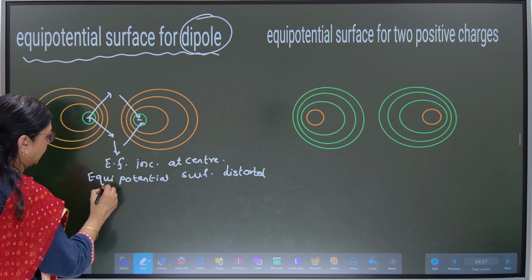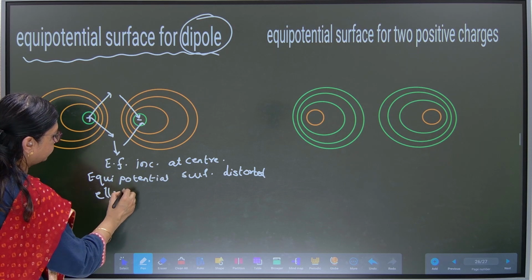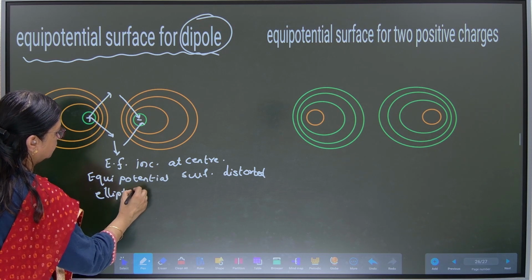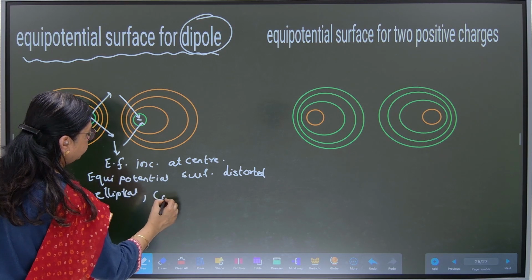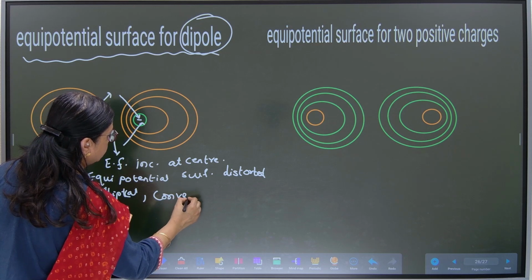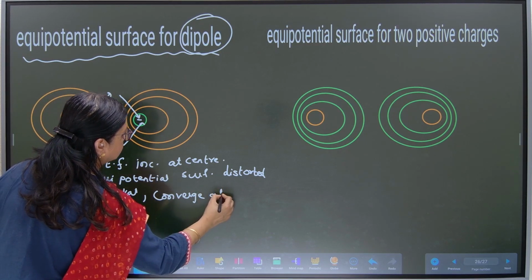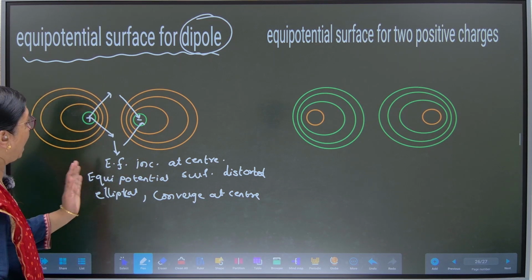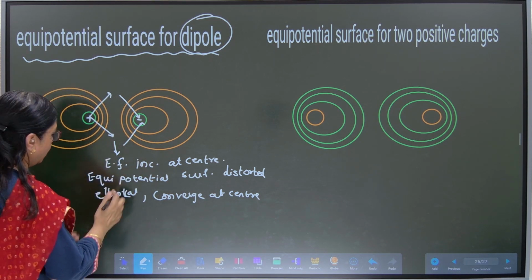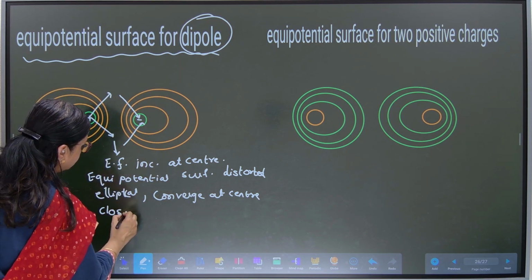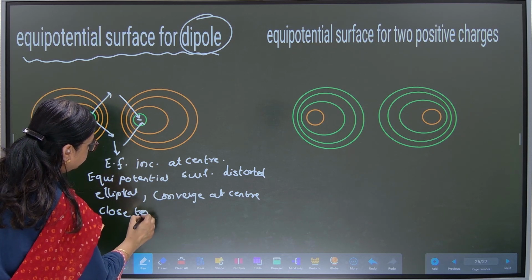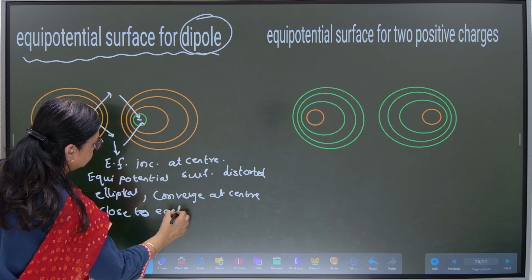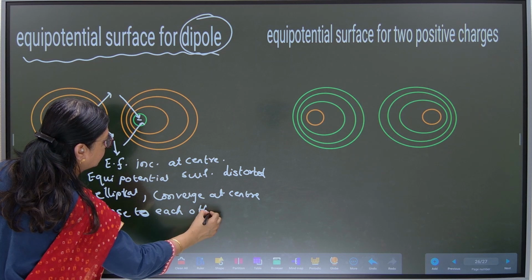They will become elliptical also, and converge at the center, and they will be close to each other at center.